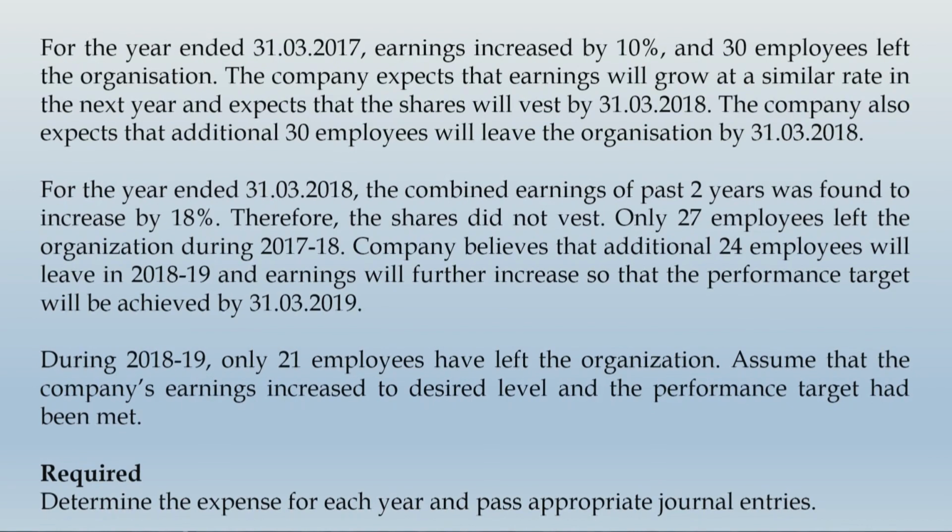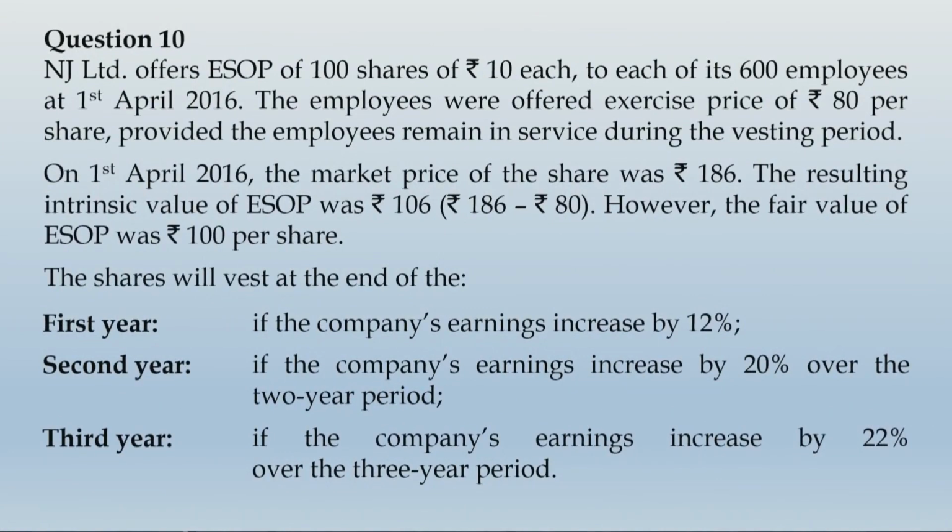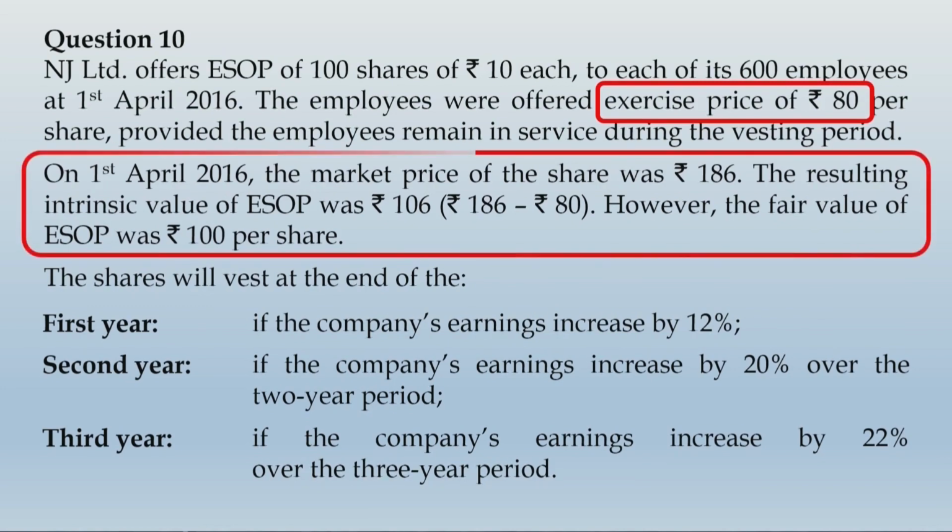So friends, when you are handling a big question like this, make sure that you are able to gather all the information given in the question properly. So let me take you back to the early part of the question. Here, if you can see, the first information which you should focus on is this point: exercise price of this ESOP is rupees 80. Thereafter, look into the next paragraph, this whole paragraph.